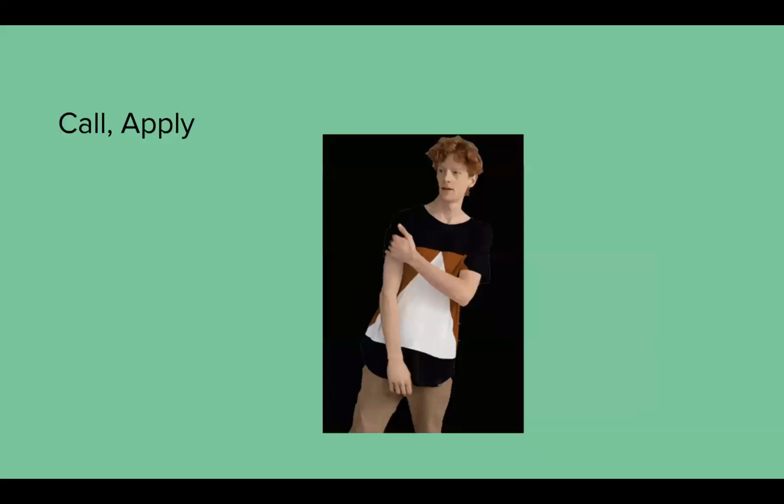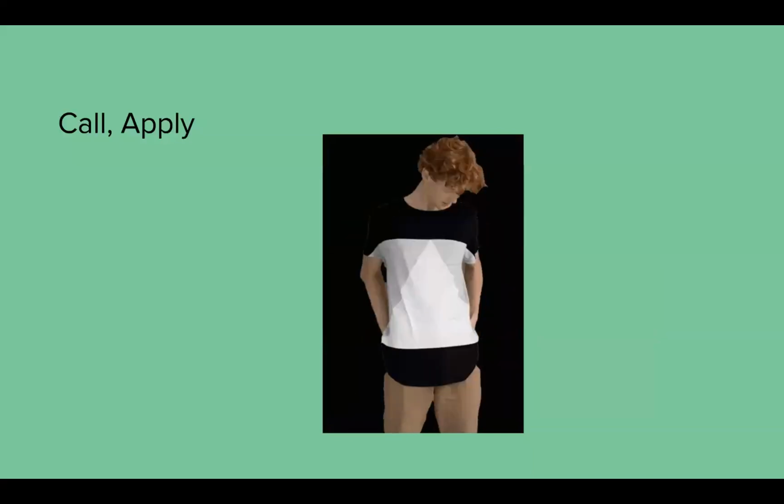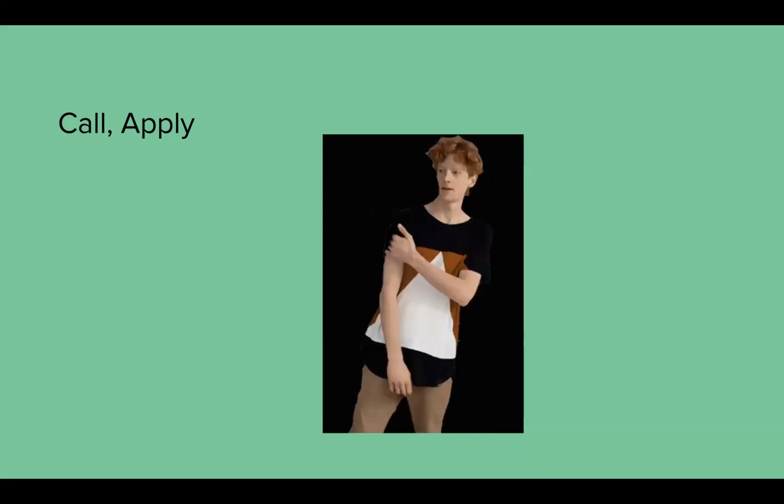And ultimately we have call, apply. I couldn't find any better example than this. So imagine this person is a constructor function. This particular person is the same every single time, but there is a change in the clothes every single time. That means it's the same constructor function, but the value of this is changing. So imagine this cloth as a different object that we are passing into that constructor function, and through that we are getting this different output.